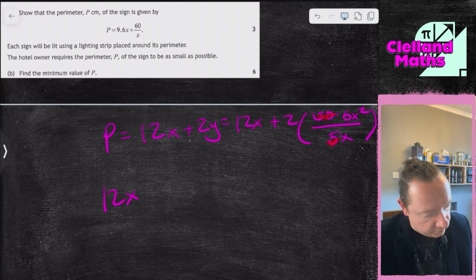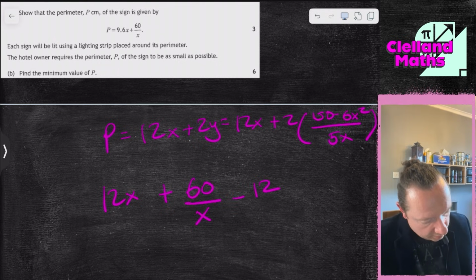150 divided by 5 is 30, times 2 is 60, but then there's an x on the bottom. So then another one, 2 6's is 12, so that's minus 12 over 5, but then the x will be an x squared over x, so that's just x on the top.